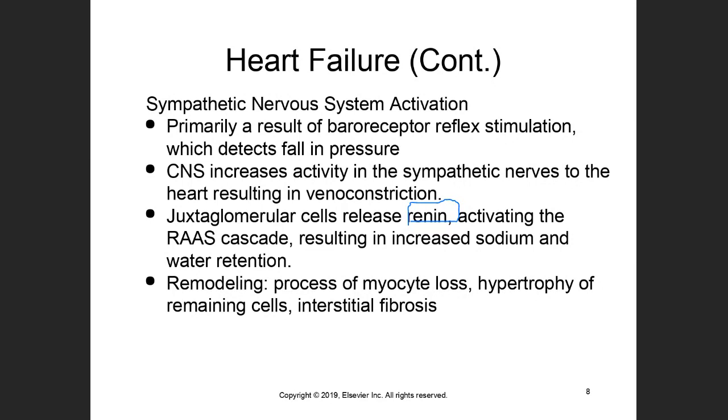Okay? And that's the main mechanism of heart failure. When you increase that volume, all that excessive fluid is going to go to the third compartment space in our body. What are the main third compartment spaces in our body? The lungs, the belly, and the extremities.